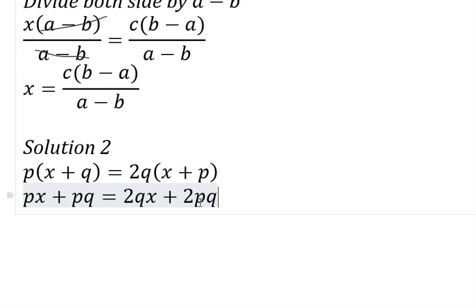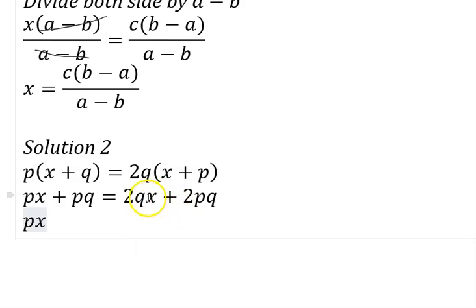Now, having done that, you look at it, there are some things that you can do. You have PX here, you have PQ, 2QX, and here you have what? 2PQ. Awesome. Now, let's bring out those that have X together and those that have Q together. Now, we have PX here.